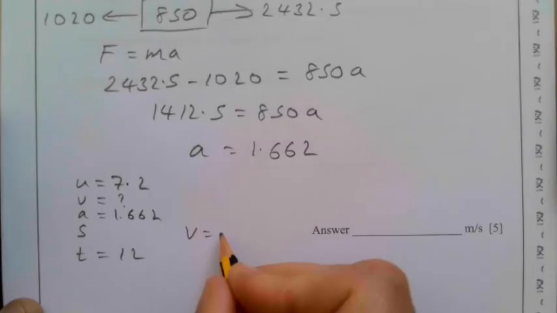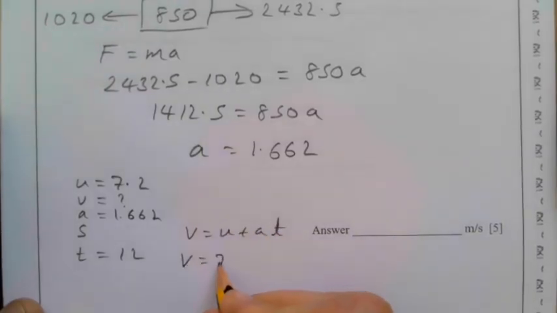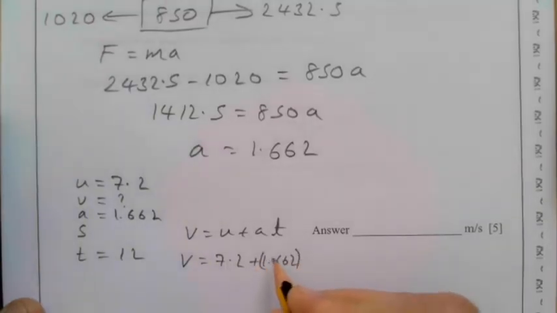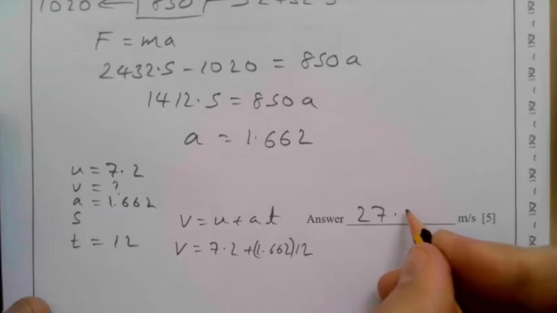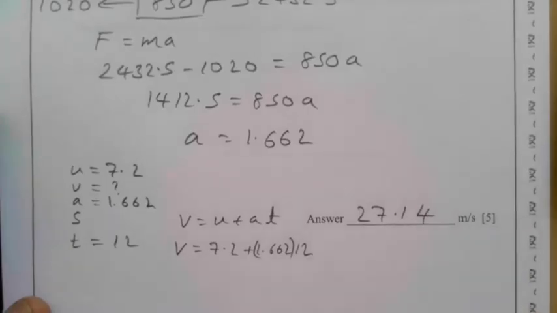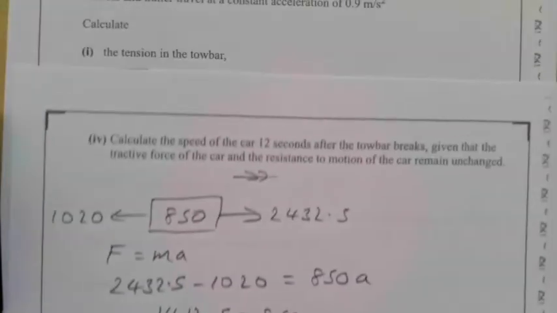So V equals U plus AT. V equals 7.2 plus 1.662 times 12. You can keep that number in your calculator, that's handier. Put it into your calculator and you will get 27.14 meters per second.